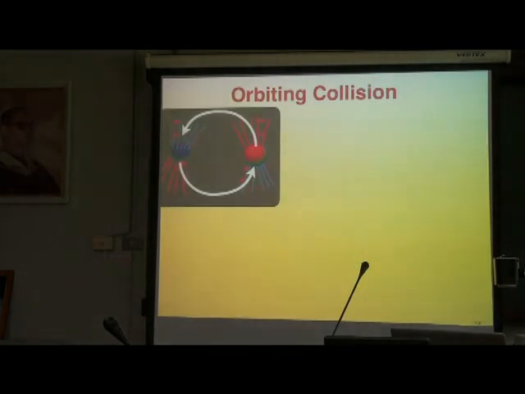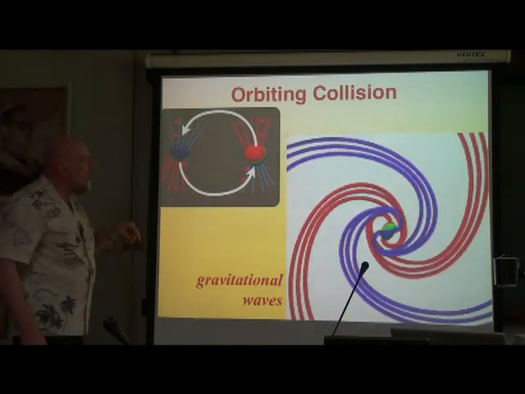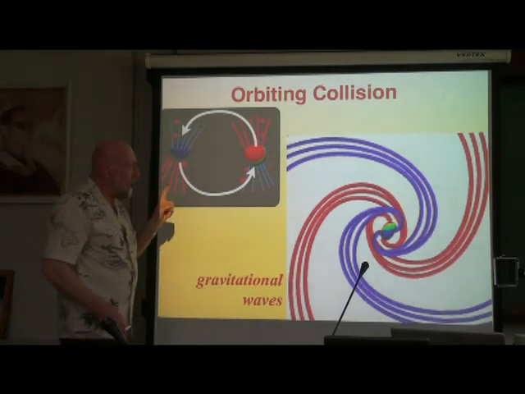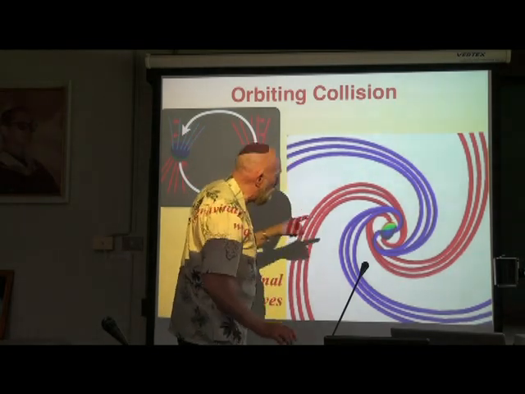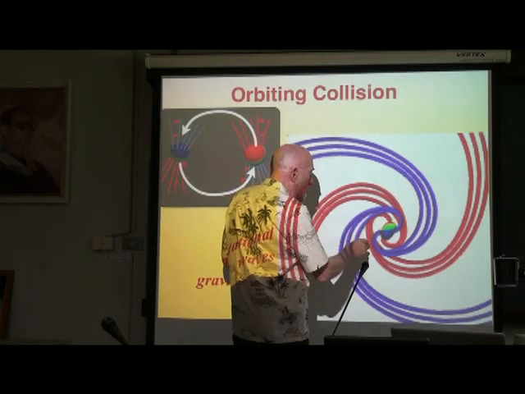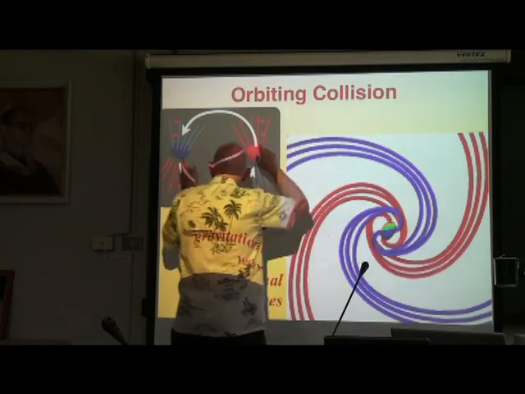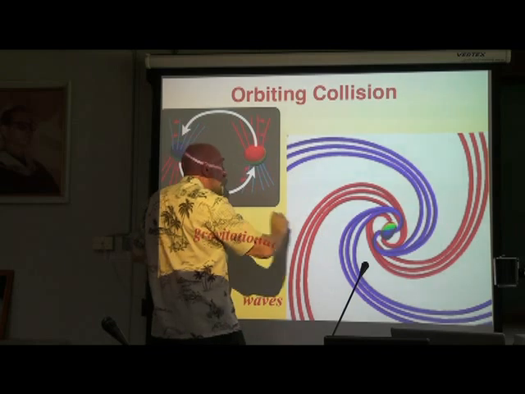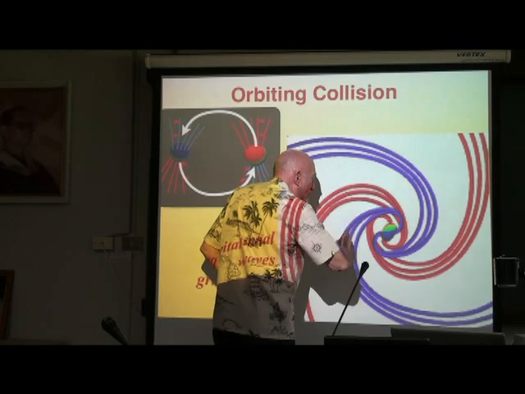Now, more interesting is a collision in which these black holes are orbiting around each other. In that case, what happens is that these vortex lines, there were 4 sets of vortex lines. There were the red ones, there were 2 red ones and 2 blue ones. As the black holes collide and merge, these vortex lines then sweep out and back.